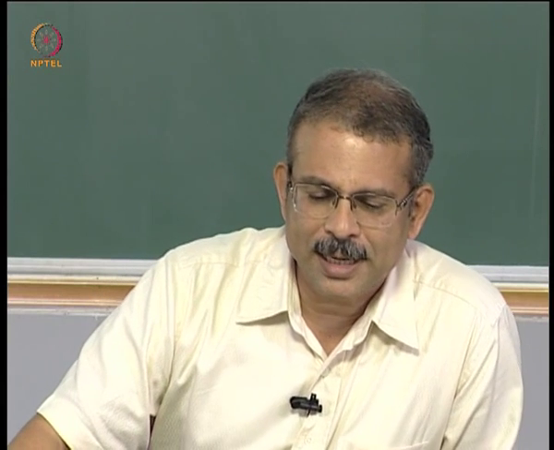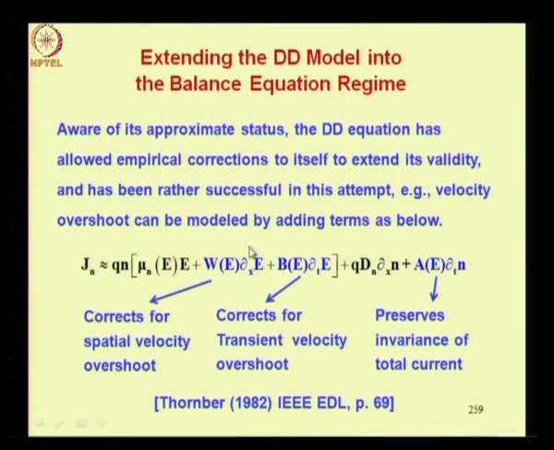Therefore the Jn current has been made dependent on these 2 terms. So the term involving the spatial gradient of the electric field corrects for spatial velocity overshoot, the term involving time variation of the electric field corrects for transient velocity overshoot, and this term which depends on time variation of the carrier concentration preserves the invariance of total current.